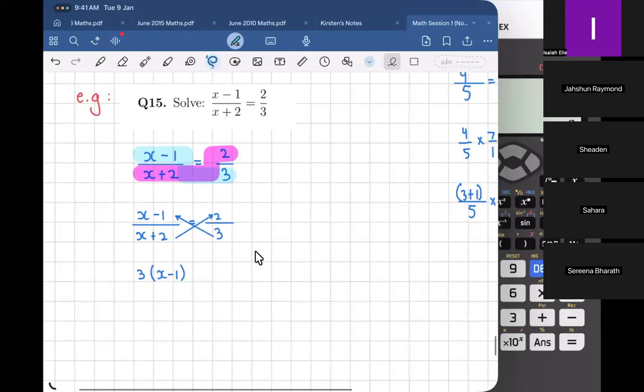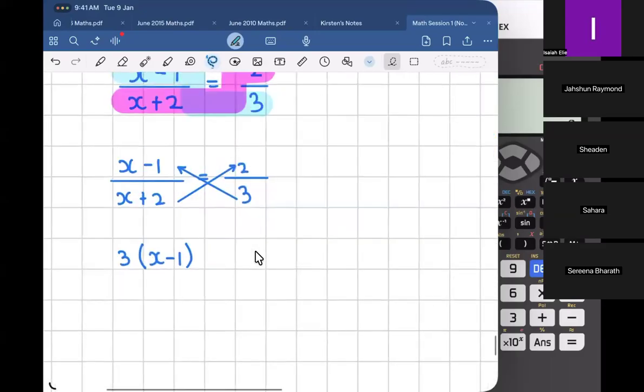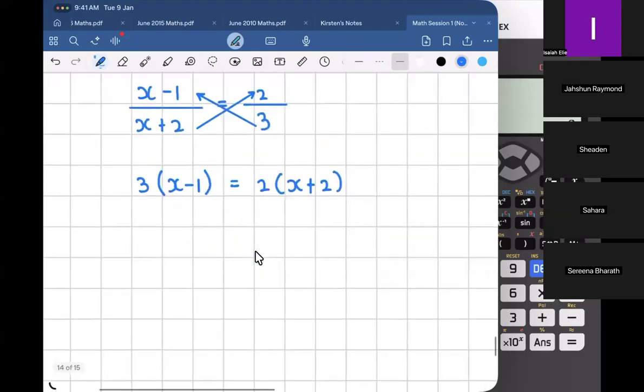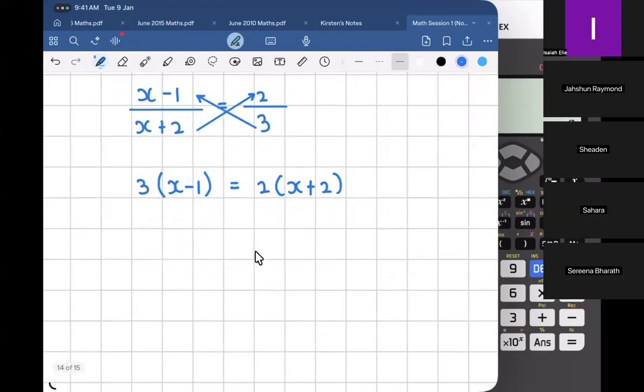Right. So, let's continue. So we do that. What's next? The 2 times, and in brackets it will be x plus 2. Great. Now we apply the distributive law. 3 by x is 3x. 3 by minus 1 is going to be what?